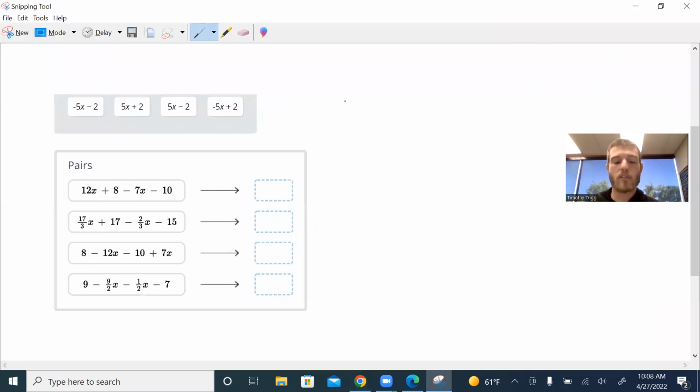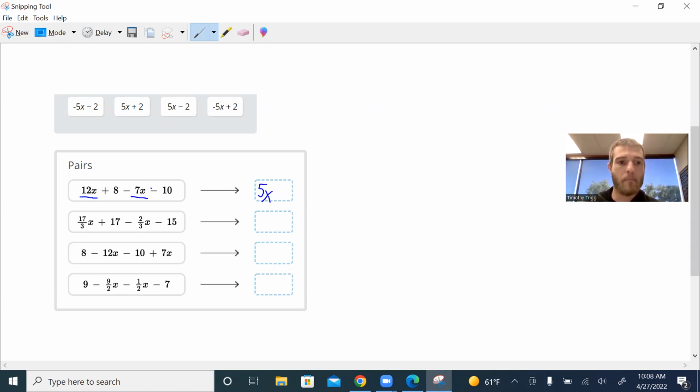You should know how to do this from last time, but let's go ahead and do this anyway. Remember combining like terms. We want to combine these x's together. In this first expression, there's a 12x and a negative 7x. Since they both have x, you just add or subtract their coefficients. So 12 minus 7 is 5x.